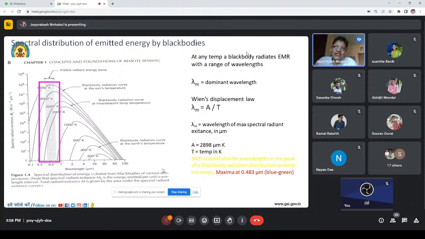It's not that way. A black body is hypothetical. There is no true black body. A black body is a hypothetical object which emits all the energy that it receives.